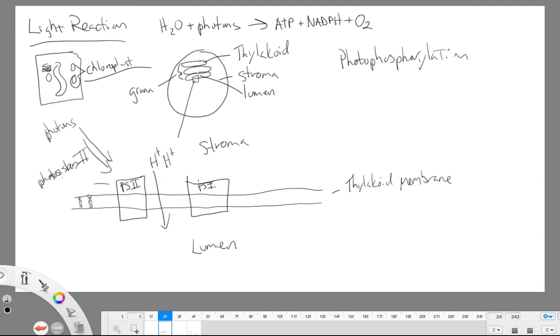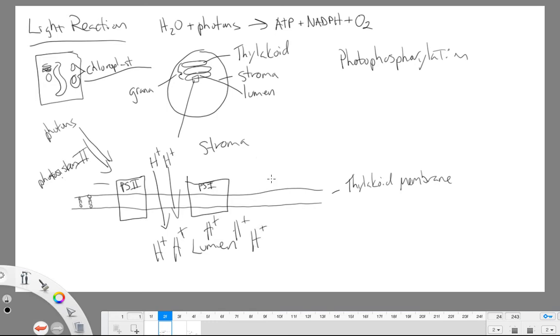Once it gets to photosystem 1, there's chlorophyll in there too, and there's some extra photon energy that bumps it up again, and it bounces along, and each time it is bouncing from molecule to molecule, these hydrogen protons are getting pumped into the lumen, right? So we start to have a buildup in the lumen of these hydrogen protons.